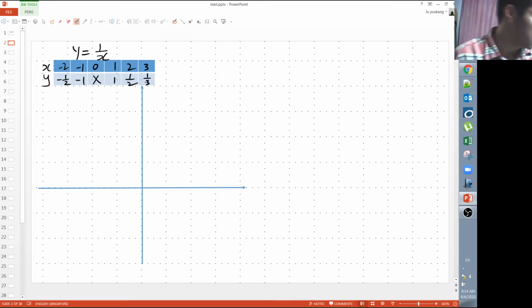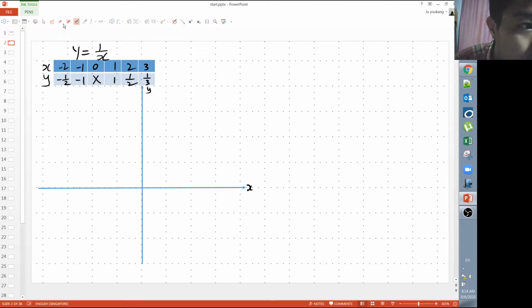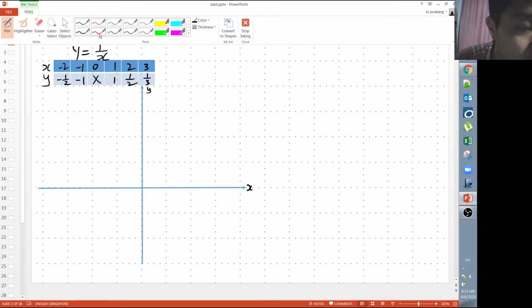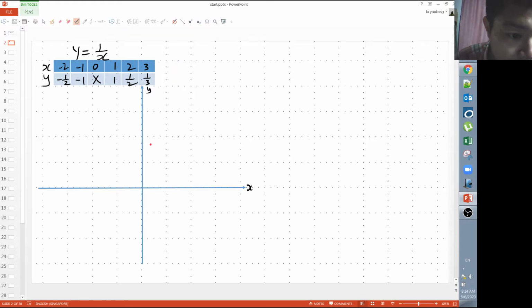Okay, so let's plot these points out, but before you can do that, you need to label the axes first. Let me use a different color. -2.5.